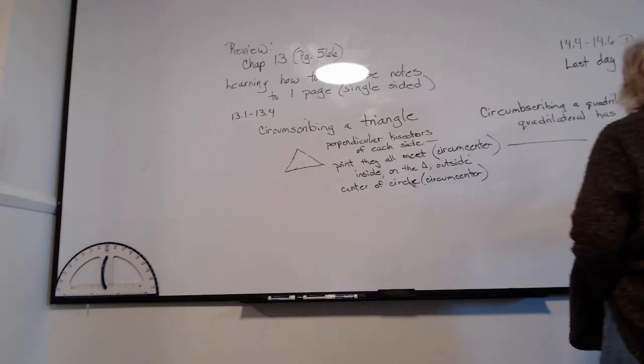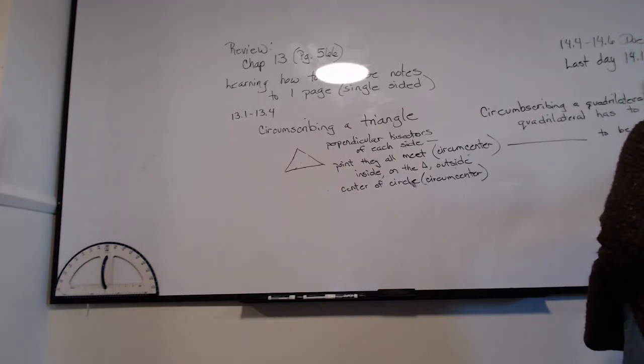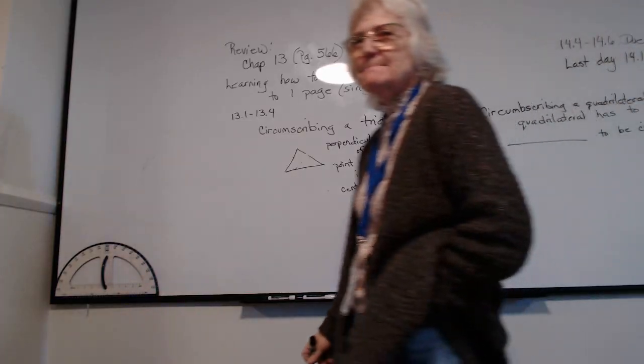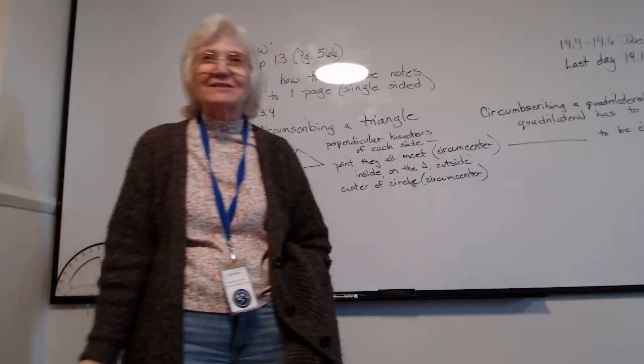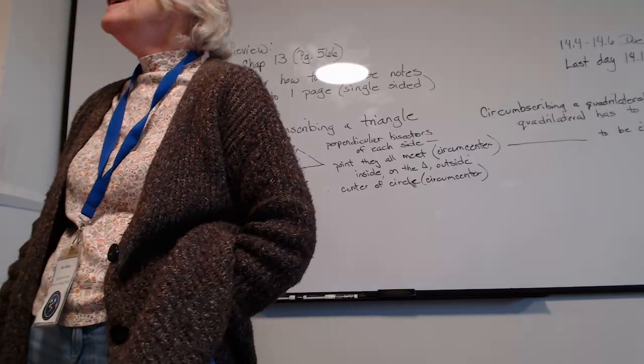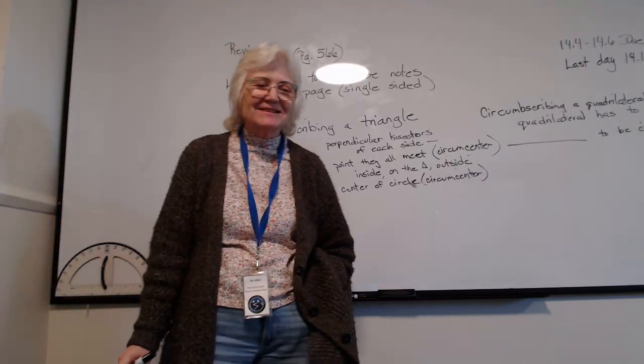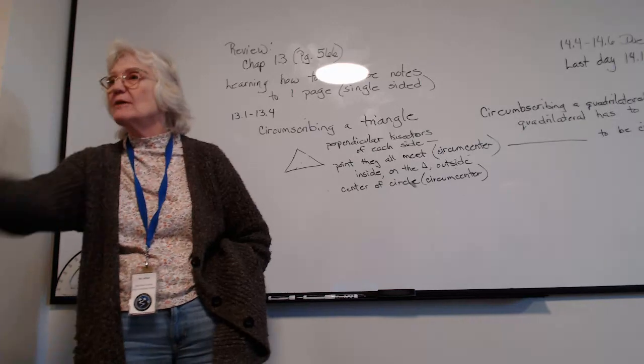I'm letting you look for it. Parallelogram, no. What does it have to have? Four sides. That's a quadrilateral, thank you. That's good. What else does it have to have? You told me a parallelogram doesn't work.